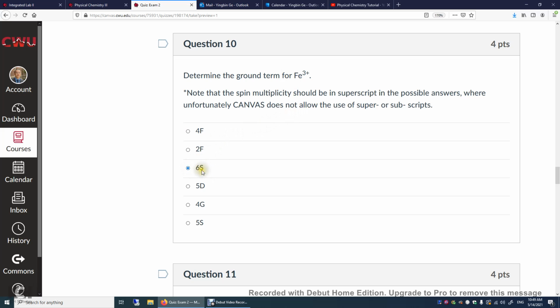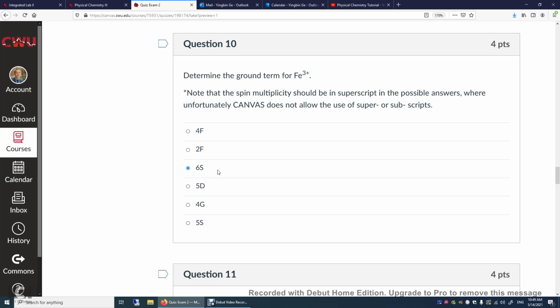Okay, now let's look at this symbol S. This is because we have 5 electrons with M sub L being equal to -2, -1, 0, 1, and 2. If you sum up -2, -1, 0, 1, 2, you get 0, right? So L is 0.